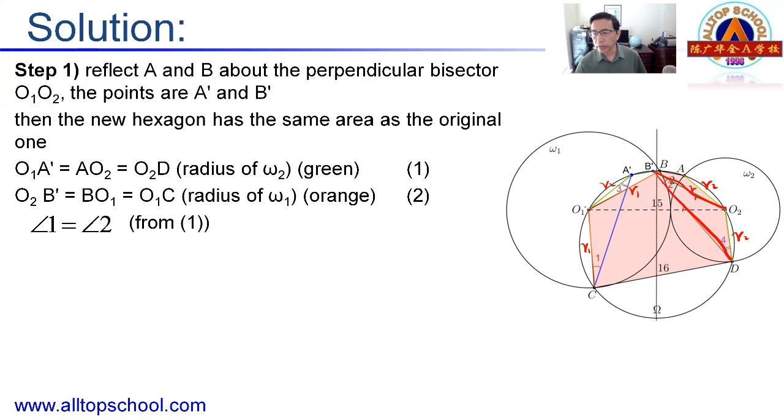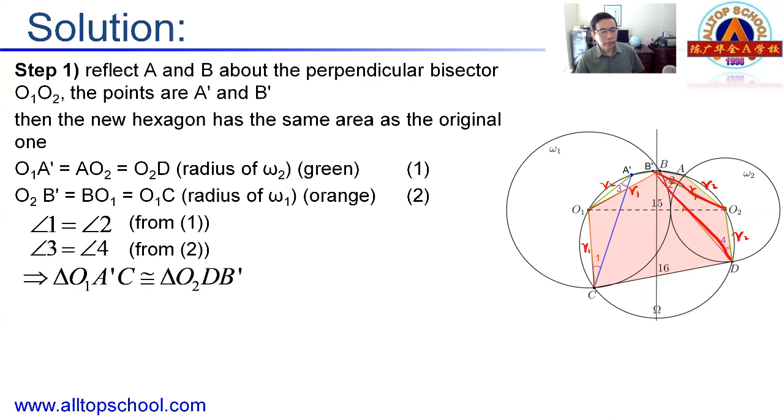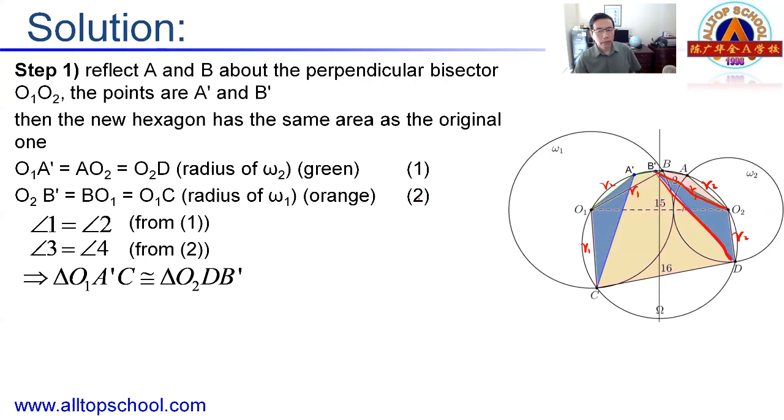So angle 3 is facing this R1, and angle 4 is facing R1 as well. So angle 3 equals angle 4. So that's why the two triangles will be congruent. Okay, two congruent triangles are determined.